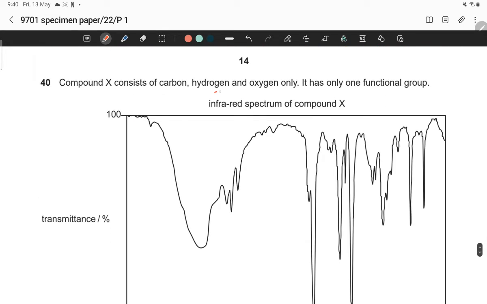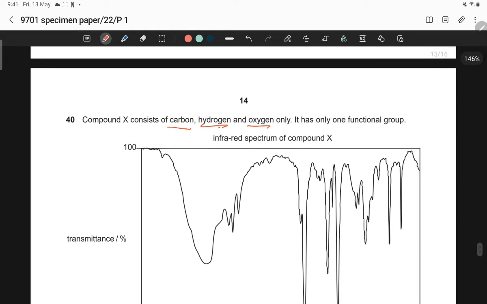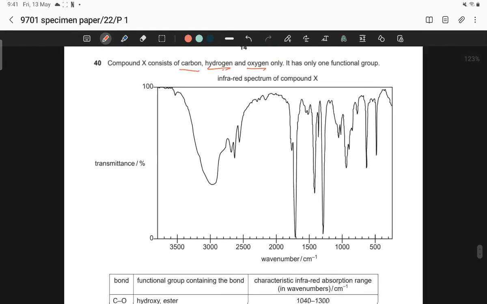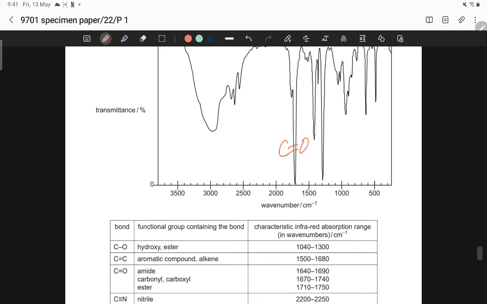Compound X consists of carbon, hydrogen and oxygen only. It has only one functional group. So this is the peak of C double bond O, as this is at 1500 to 1700 wave number.